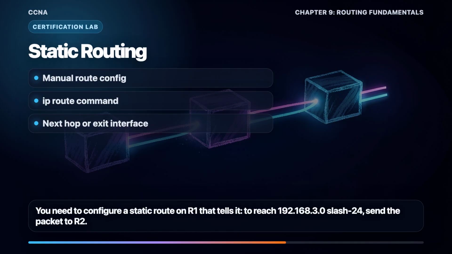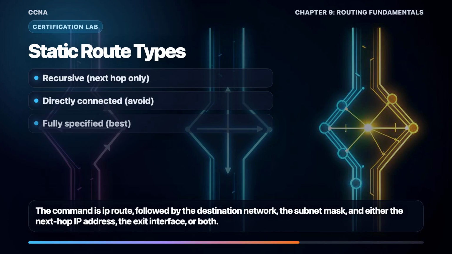You need to configure a static route on R1 that tells it to reach 192.168.3.0/24, send the packet to R2. The command is ip route followed by the destination network, the subnet mask, and either the next hop IP address, the exit interface, or both.